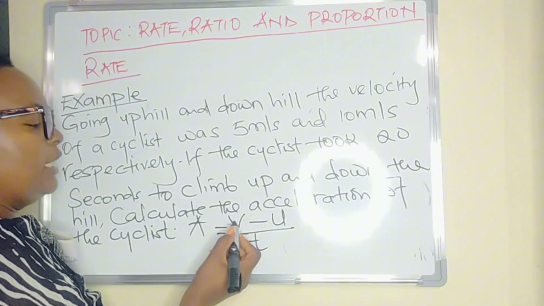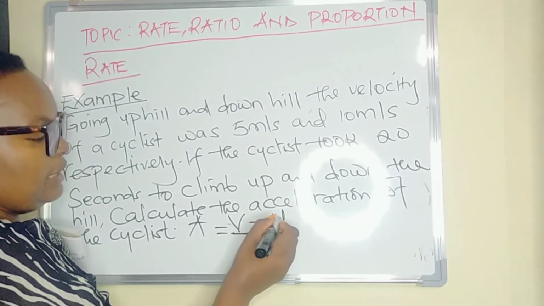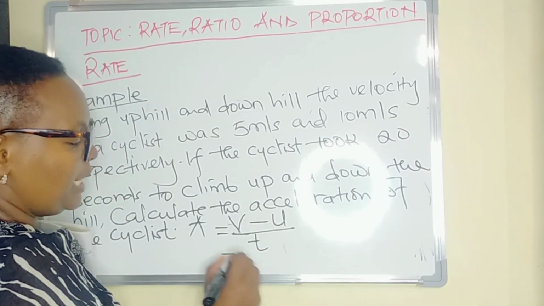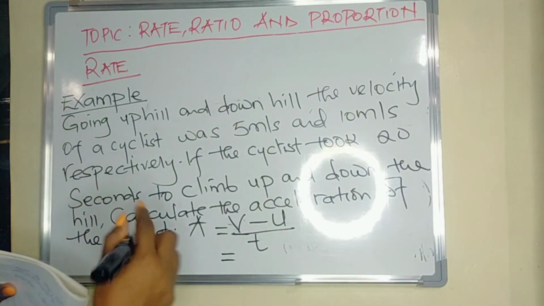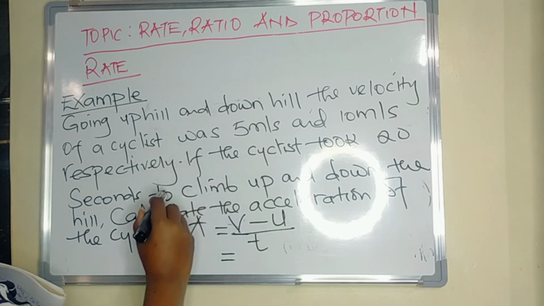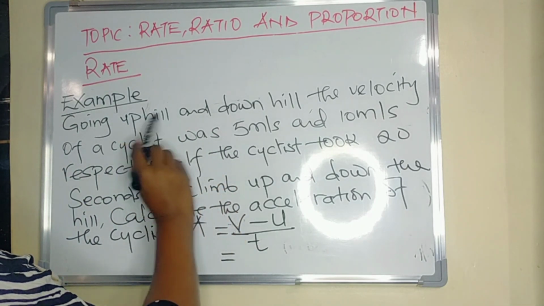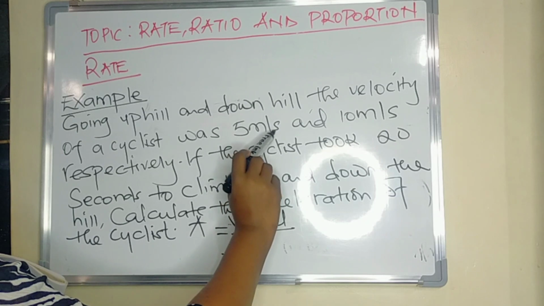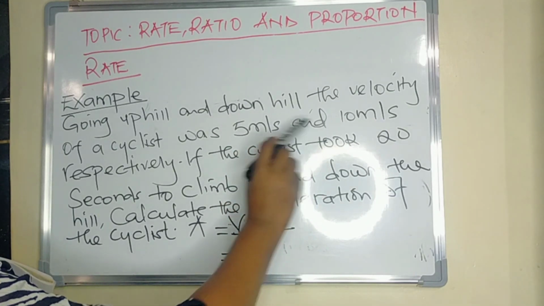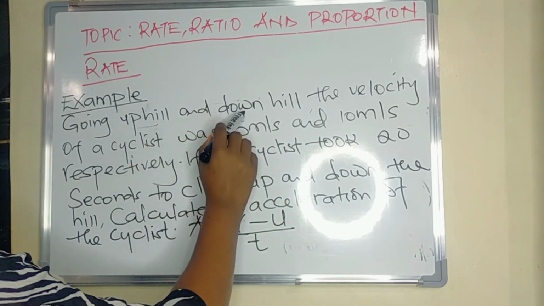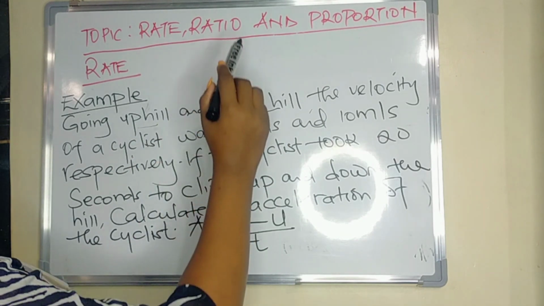V always means final velocity. U is initial velocity divided by time. So the final velocity of this cyclist was 5 meters per second and 10 meters per second, going up and down.